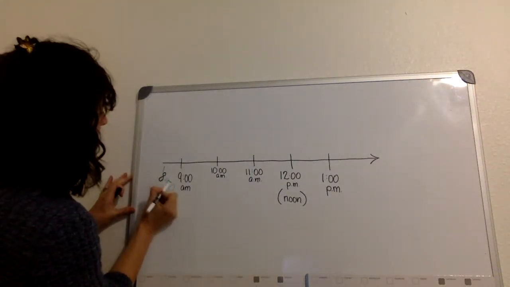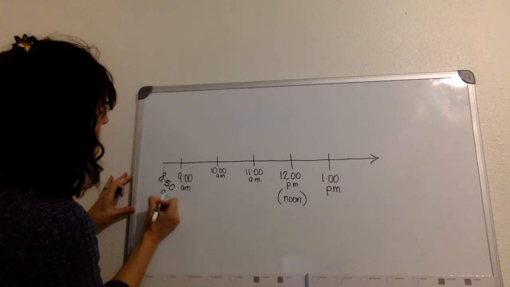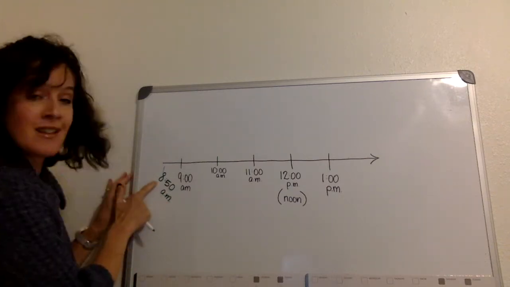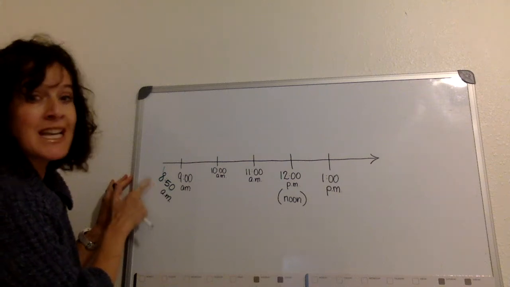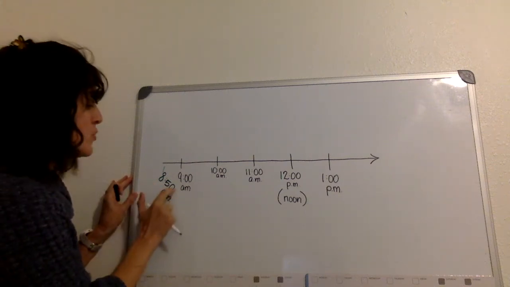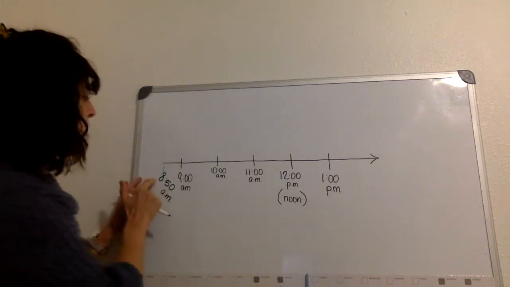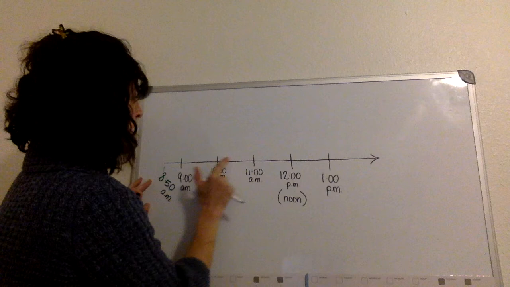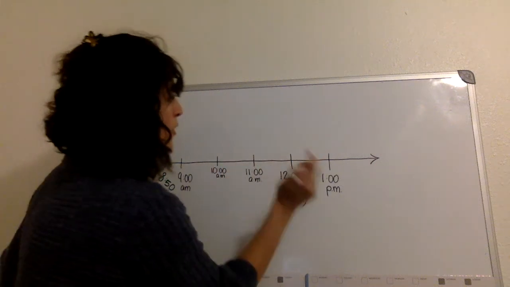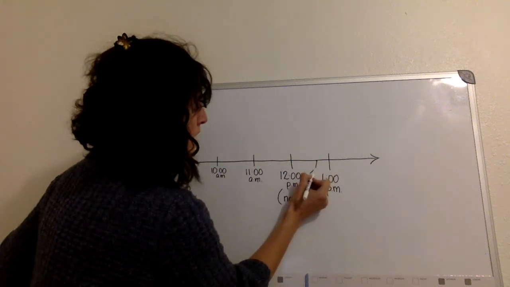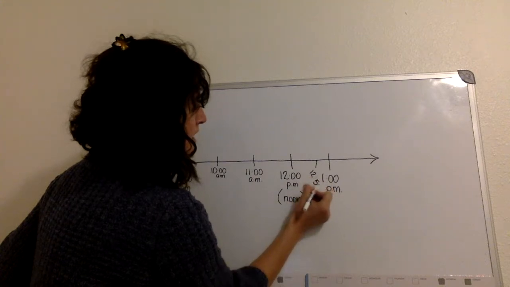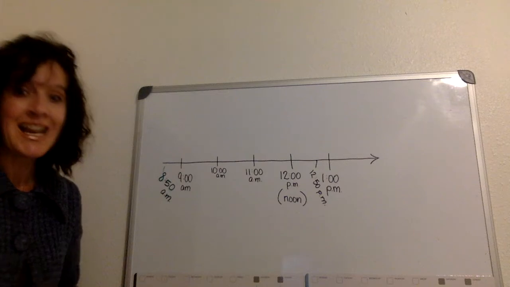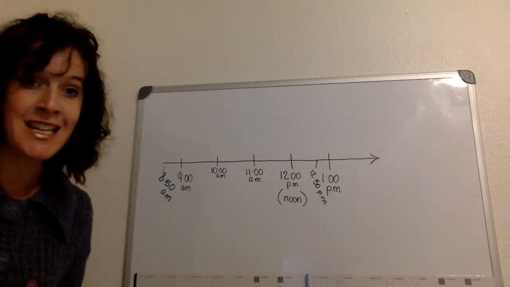All we did was add 4 hours on. So 8 plus 4 is 12. This was an easy one because we did not have to add any minutes. So 8:50 plus 4 hours, 1, 2, 3, 4 hours, is 12:50 PM. Go ahead and write that in on your very first answer.